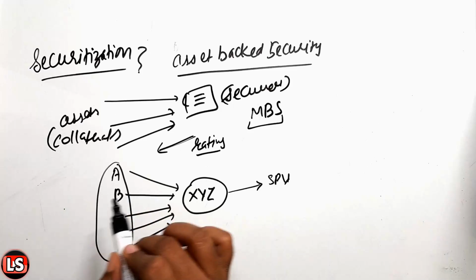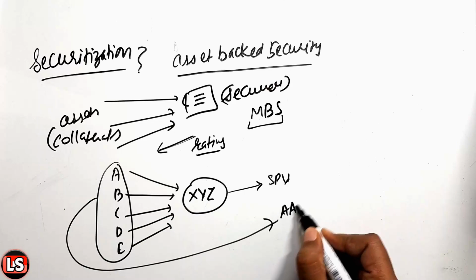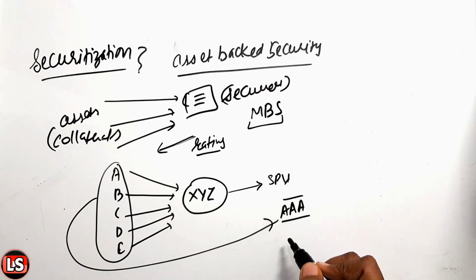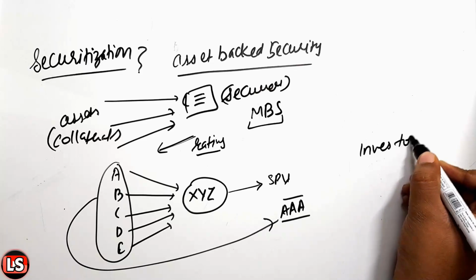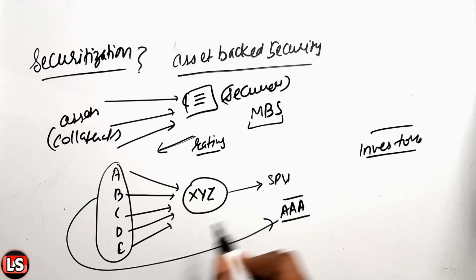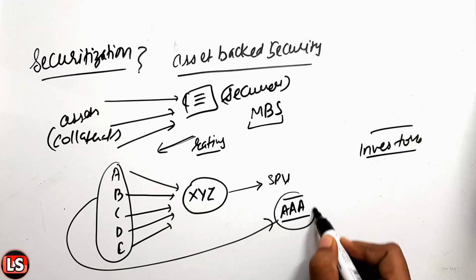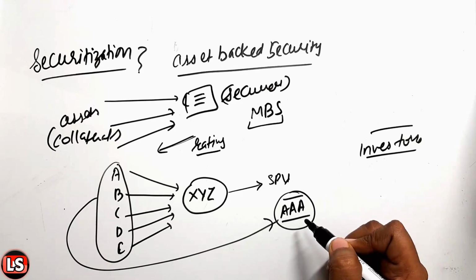If these are rated triple A, it means these are easily tradable, because the rating has an impact on investors. Investors see the rating of these bonds, these certificates. If these are rated good, the investors will be willing to invest in these.